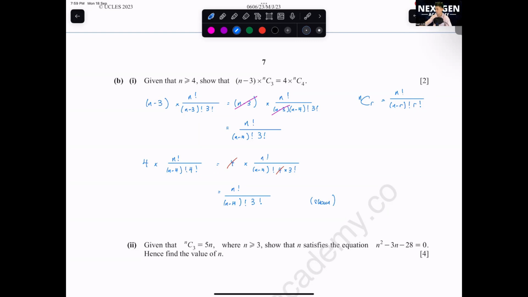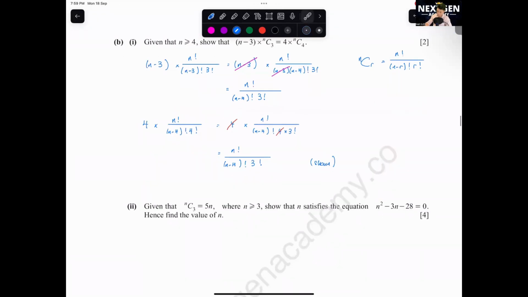Okay, anyone use a different method? To equate them to each other, you just solve it. You're not supposed to solve. You find the n. You get 1 over 6 equals to 1 over 6. Also can. Okay, next one, you go and expand.